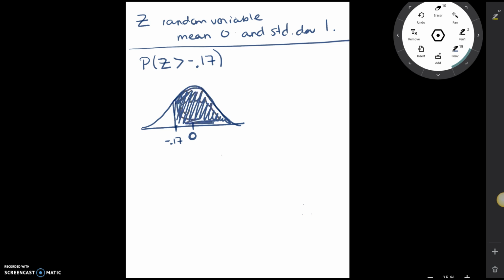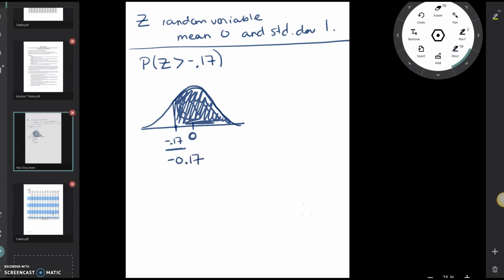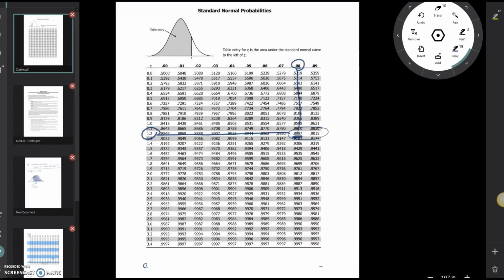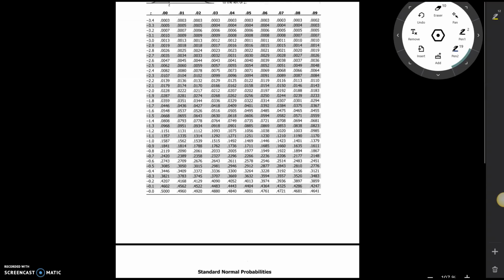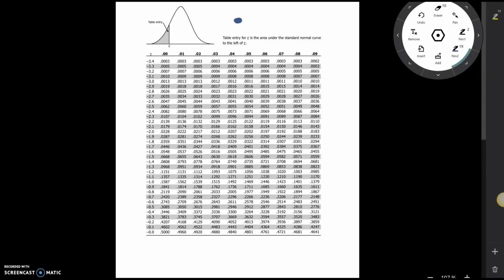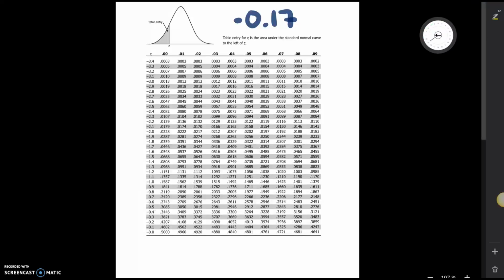So how can I find that area? Well, we can use our standard normal table to help us. Notice that the endpoint value we've got here is negative 0.17. So we're going to come over to our standard normal table. The z that we are interested in is negative 0.17.